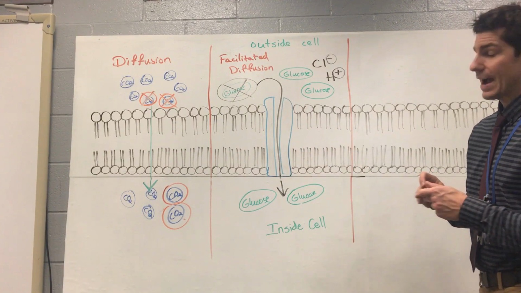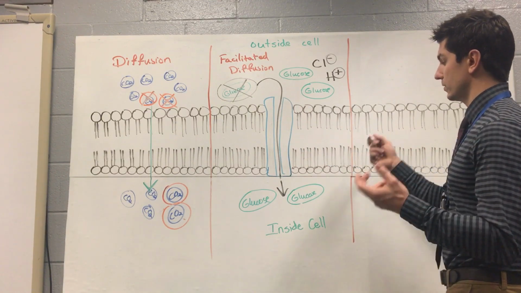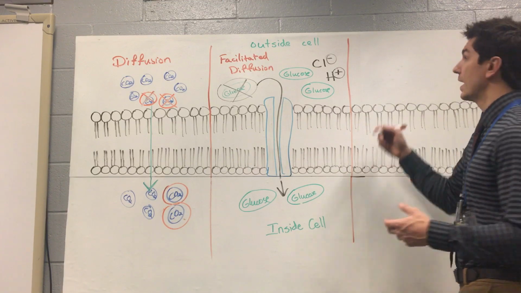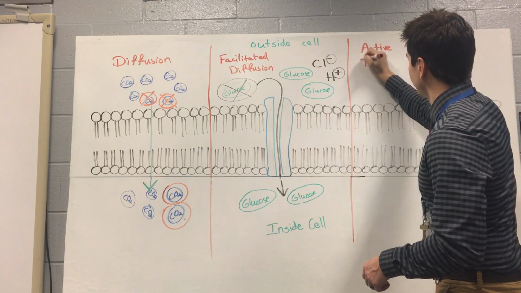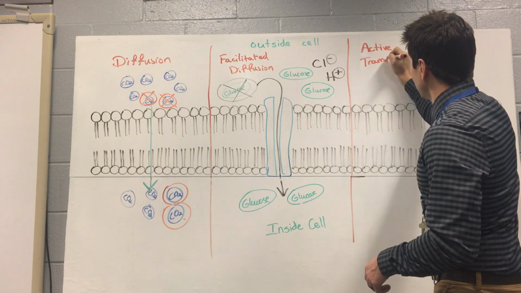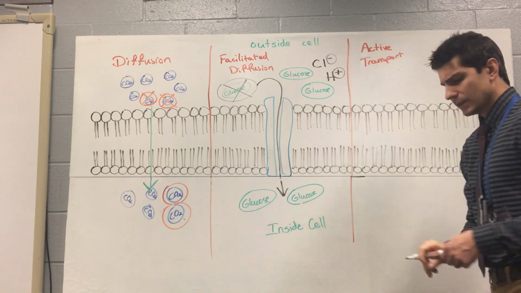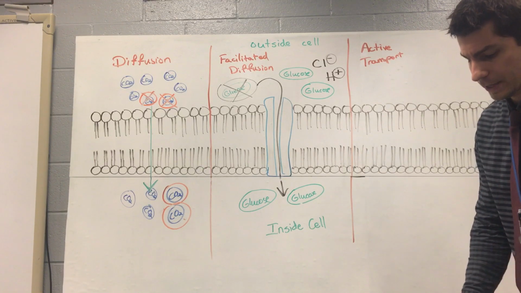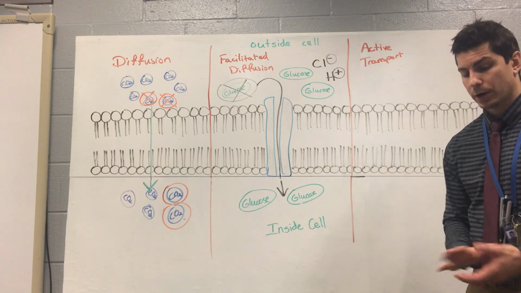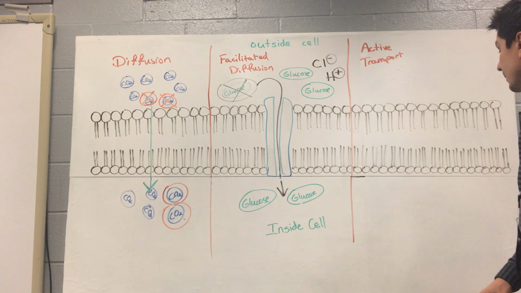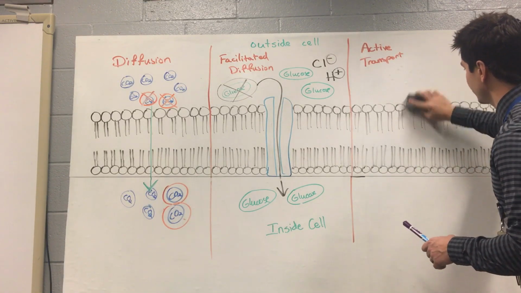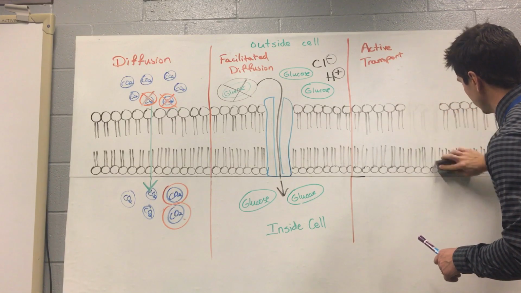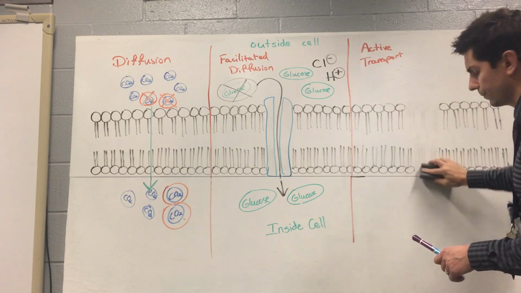Our only type of active transport, in other words, one that uses energy, is called exactly that name, active transport. And our most famous one is called the sodium-potassium pump, which I'll model real quick for you guys. It's also going to need a protein, so let me erase some of these here.